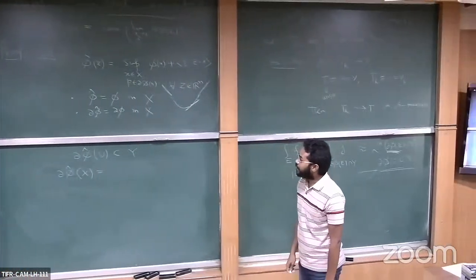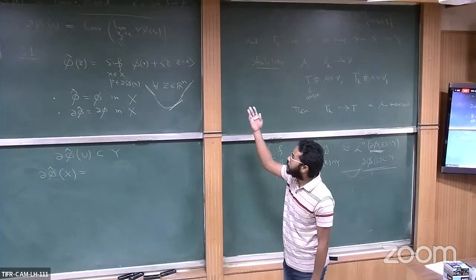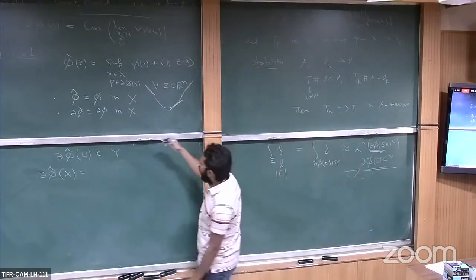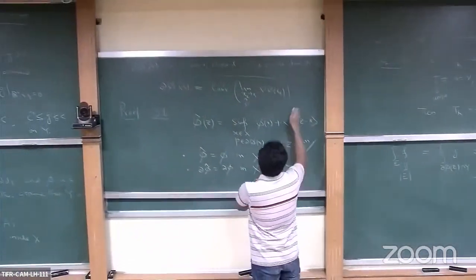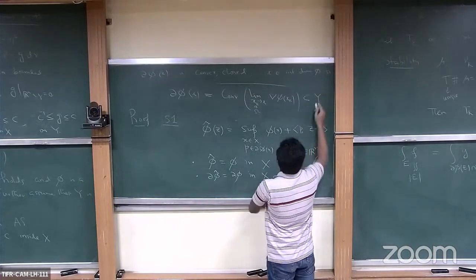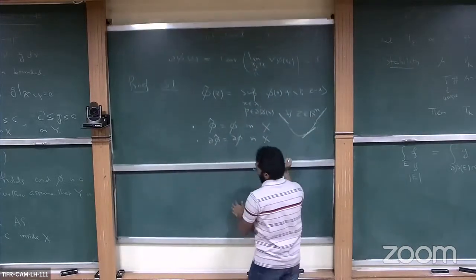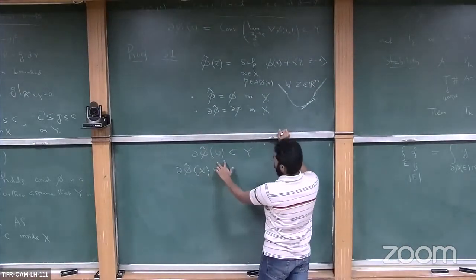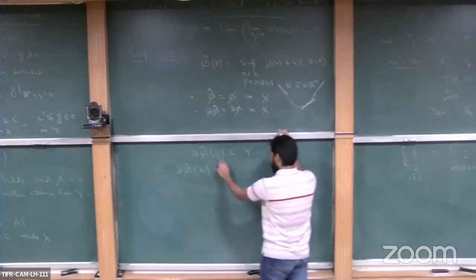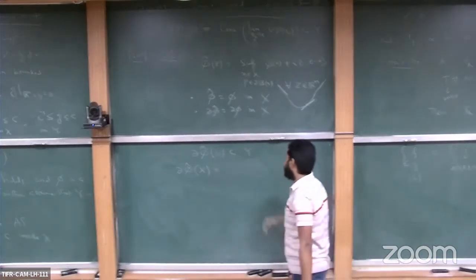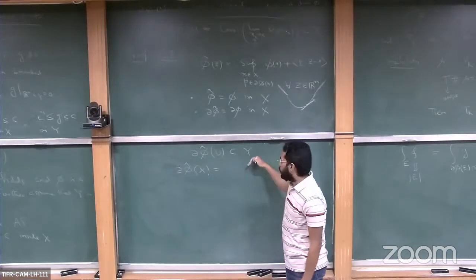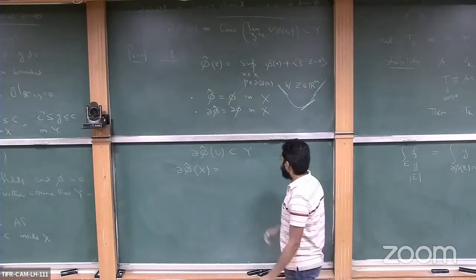So it is basically the closure of the convex hull of this one, and everything lies inside the domain y. Because of this identity, every point of differentiability lies inside y, and y is convex.